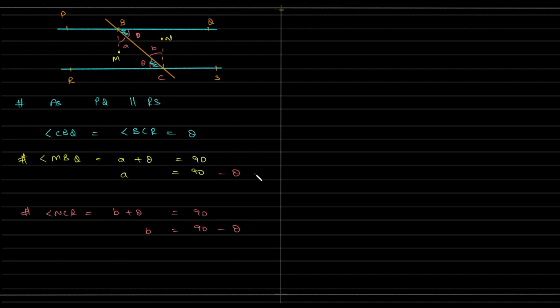Okay. So from these two equations, 1 and 2, what can you tell? We have angle A is equal to angle B. So if I multiply both sides by 2, 2A is equal to 2B. That's it, right? We proved it.